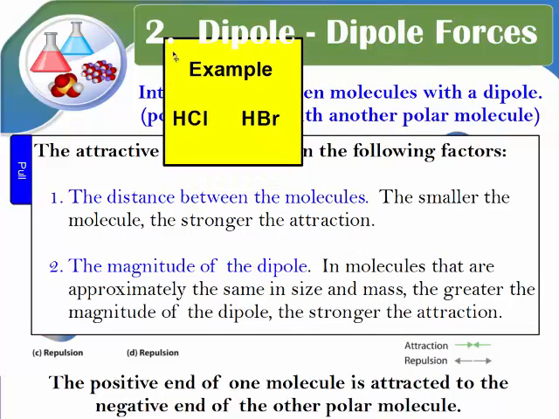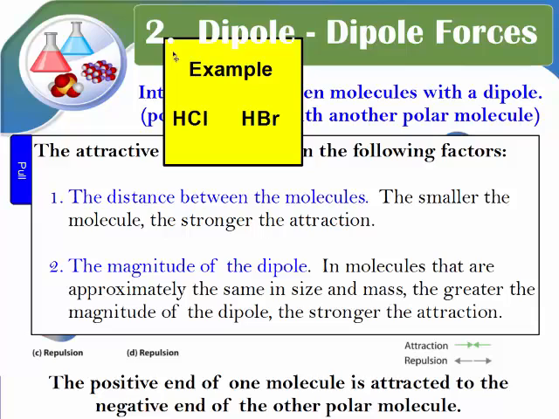So our example problem, HCl and HBr. Both of these are polar molecules, so they both exhibit dipole-dipole forces. We know they're both polar because there are two atoms, and they're not the same atom. So the electronegativity difference, more than likely, is going to be more than 0.4. So if I'm trying to find out which dipole-dipole force is stronger, first I'm going to look at the size.